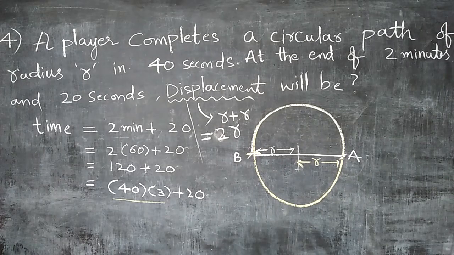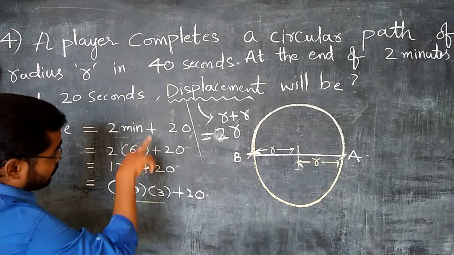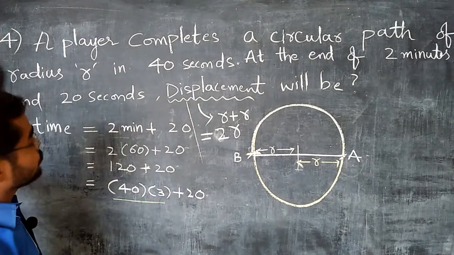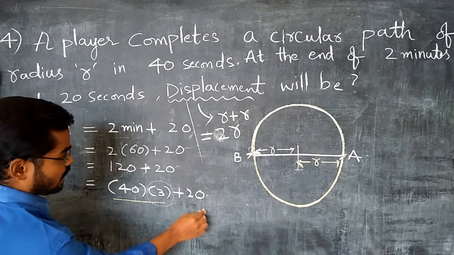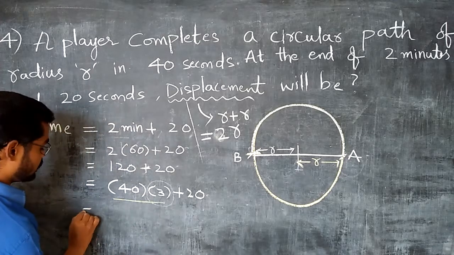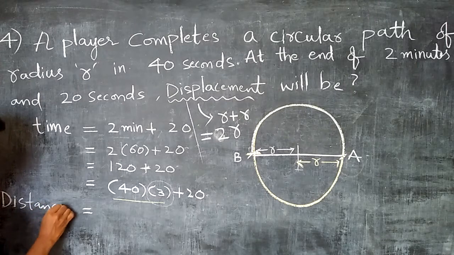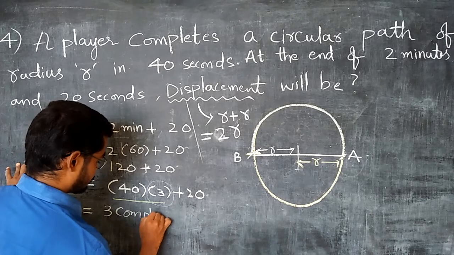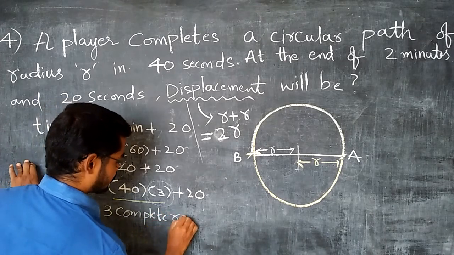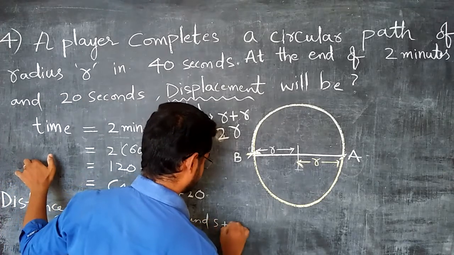And if they ask what is the distance covered, how will you calculate? In a total of 2 minutes and 20 seconds, we will complete 3 complete rounds and a half round. So the distance is equal to 3 complete rounds plus half round.